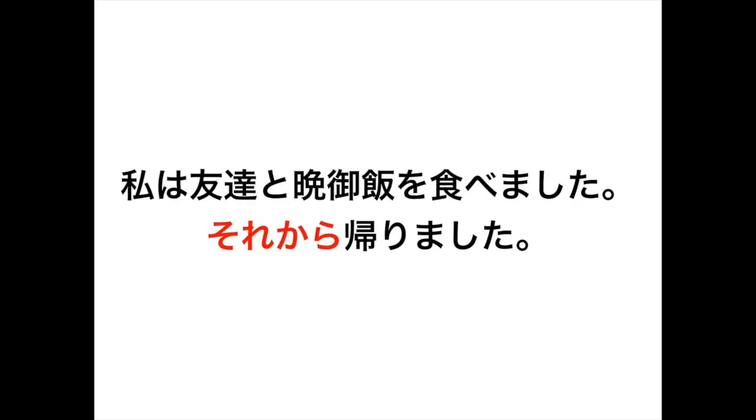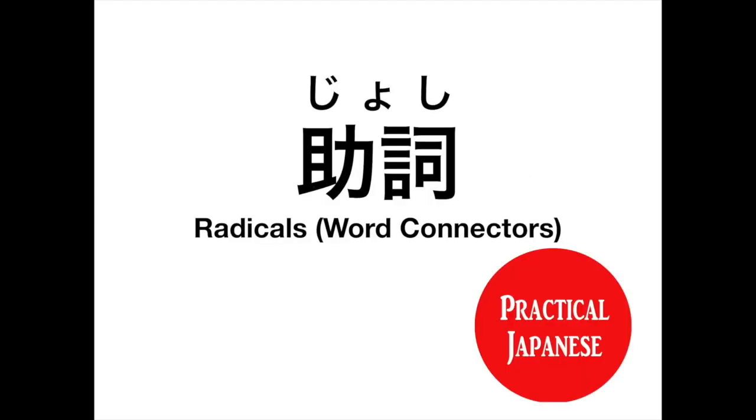Okay, so here is just an example of how to use them. And so it says 私は友達と晩ご飯を食べました。それから帰りました。So this says I, with my friend, ate dinner and then I went home. So that's just an example of how to use those sentence connectors.